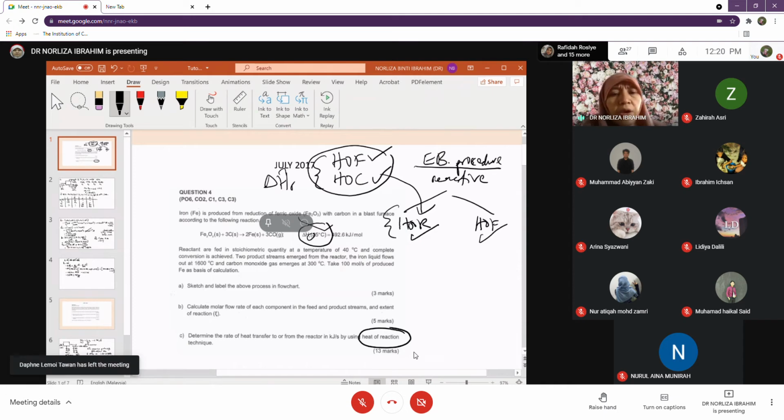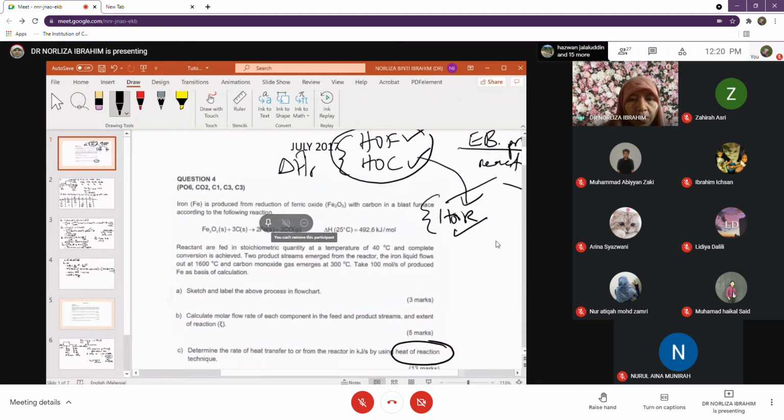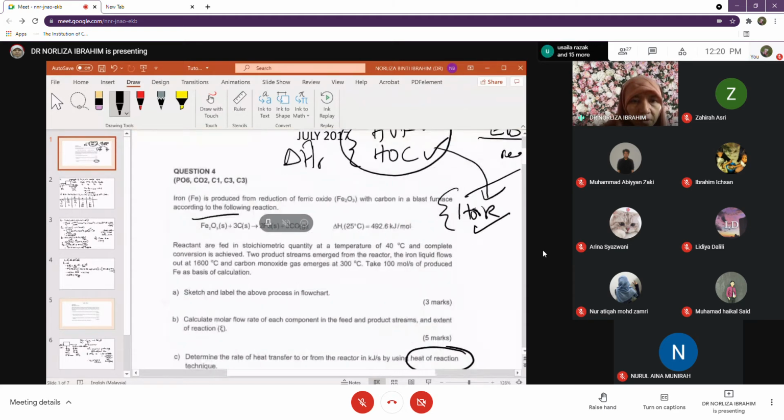Now if you go to this one, you have iron, ferrum. This is the reaction. You have ferric oxide, solid, and carbon, solid, fed at 40 degrees C, and you have two product streams: ferrum and also carbon monoxide.